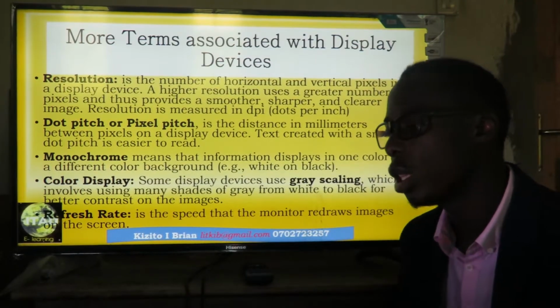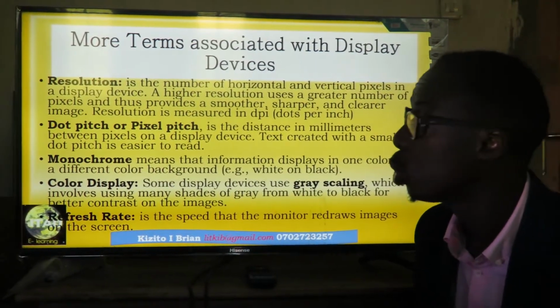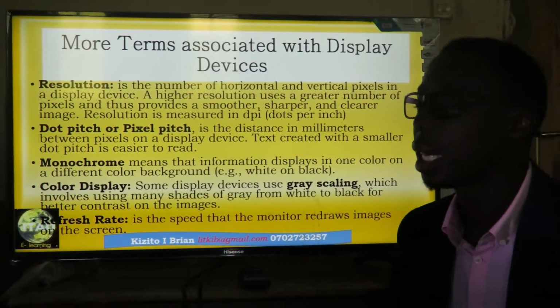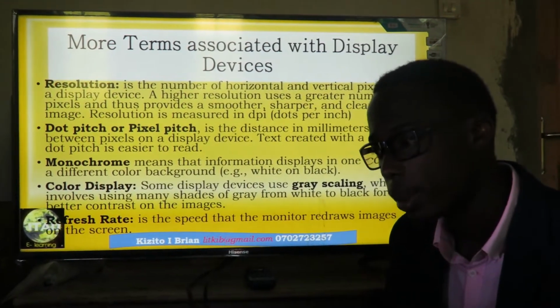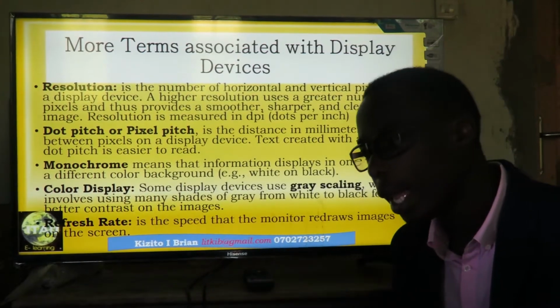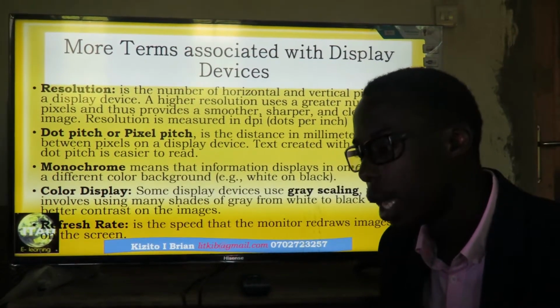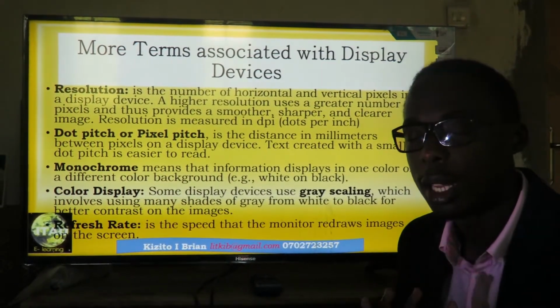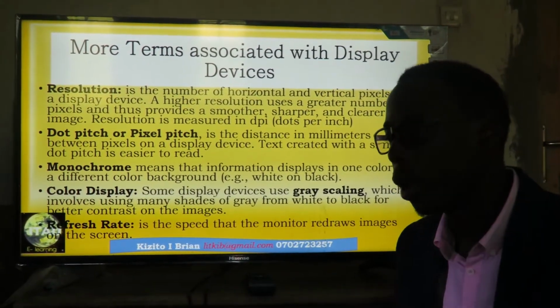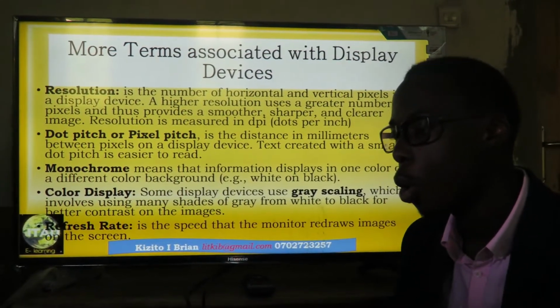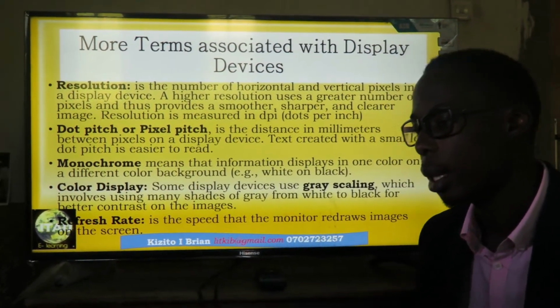Terms that are used with display devices, we have the resolution. That is the number of horizontal and vertical pixels that a display device can hold. The higher the resolution, the greater the number of pixels, and the greater the output. We have the dots per inch or pixel pitch.